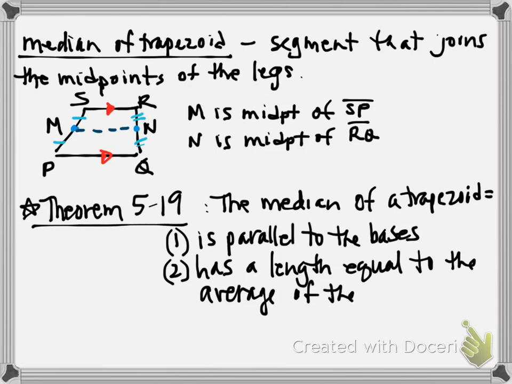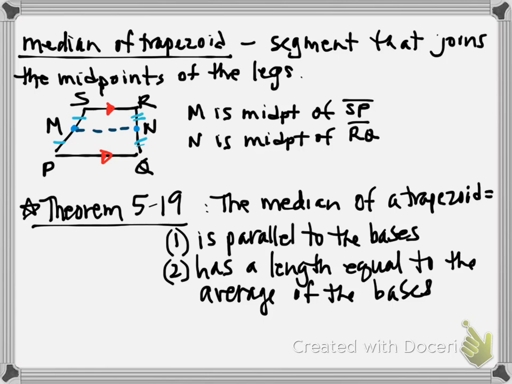Okay. Do you guys remember the formula for the area of a trapezoid? It's base times height divided by 2. No, that's a triangle. It is kind of like having two triangles.